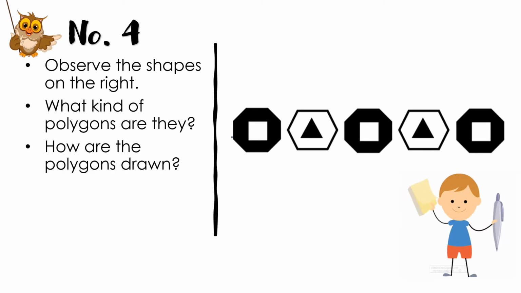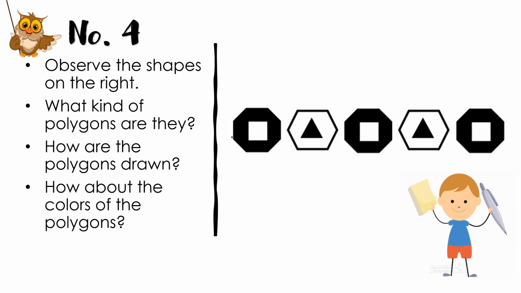How are the polygons drawn? Do you have answer in mind? Write your answer on your notebook. How about the colors of the polygon? What have you observed? Do you have answer in mind? Write your answer on your notebook.